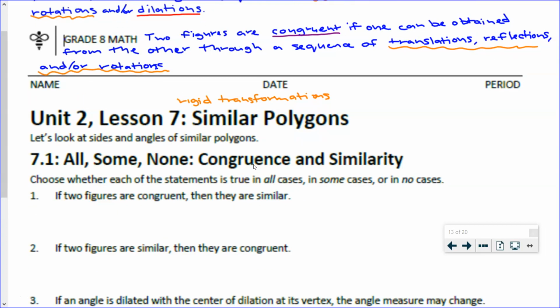Okay. Let's go to Garrett, see if Garrett can add to that. Why? Okay. If they're congruent, they're more of the same, so they wouldn't be able to be similar because they're too much the same. Okay. What other thoughts do you have?